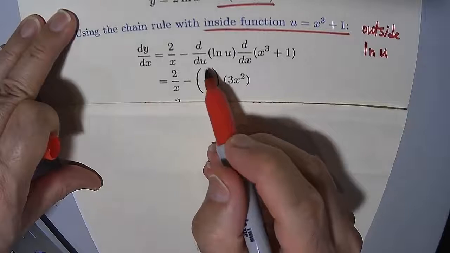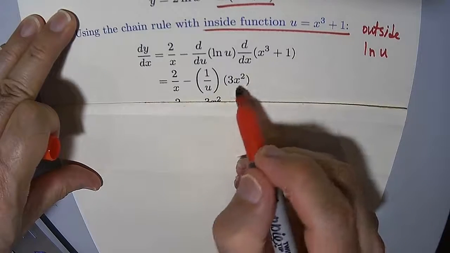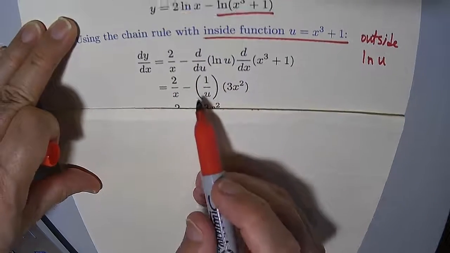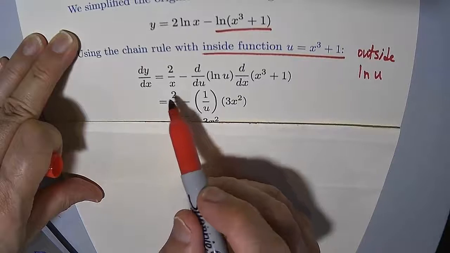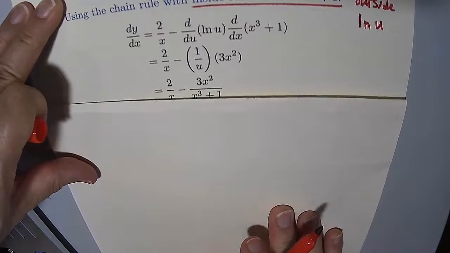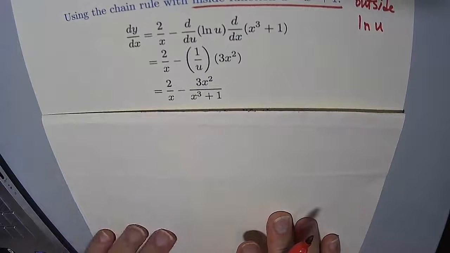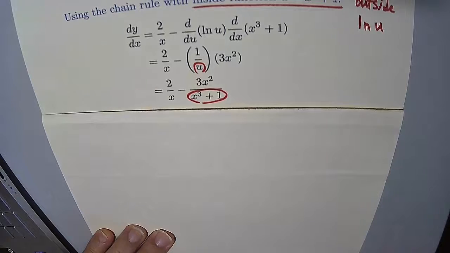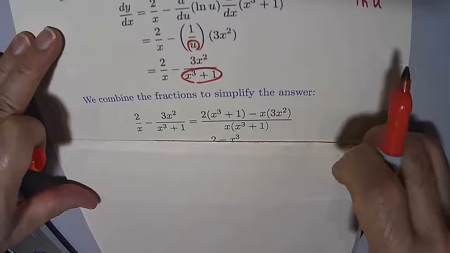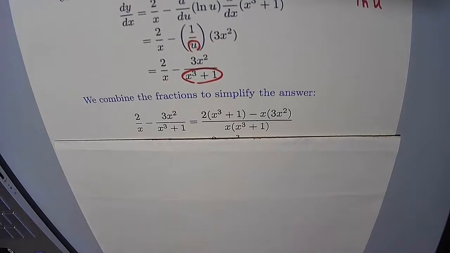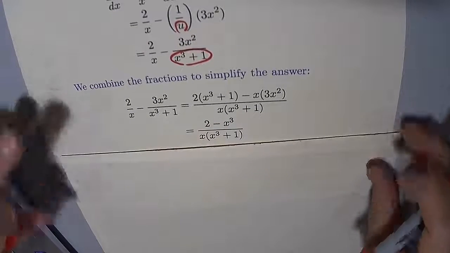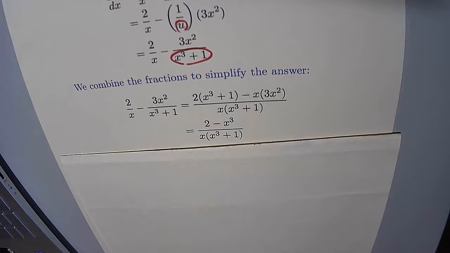Derivative of ln of u with respect to u is 1 over u. Derivative of x cubed plus 1 is 3x squared. The first term simply is 2 over x. 2 times the derivative of ln of x is simply 2 times 1 over x, or 2 over x. Next, let's put in the u in here and get 3x squared over x cubed plus 1. We can also combine terms using just straightforward algebra to get a more compact answer that you see here for the problem.